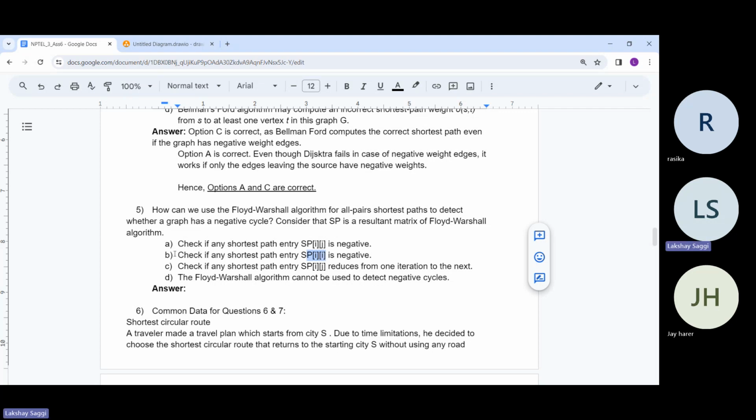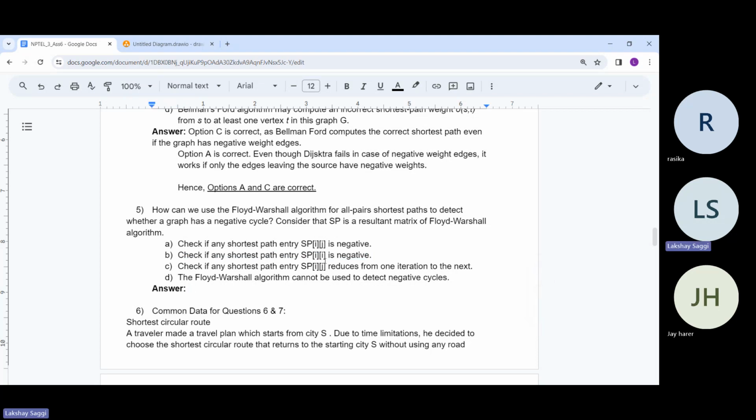So option B is correct, and you can see it in the lecture videos also. It's a very straightforward statement: to check whether a graph has a negative cycle, we just check whether SP[I][I] is negative after we have run the Floyd-Warshall algorithm.